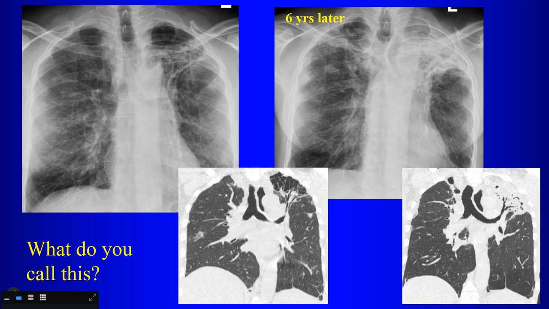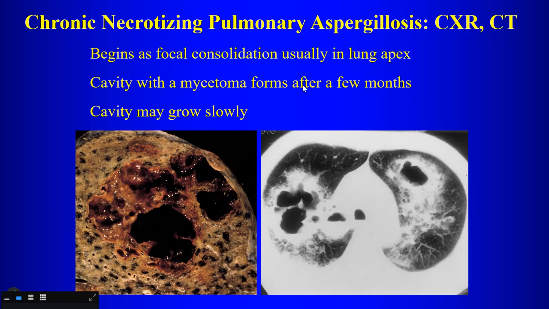Time course is protracted. It's a chronic infection, upper lobe disease. What do we call this? Well, chronic necrotizing pulmonary aspergillosis, right? It was also called semi-invasive aspergillosis, or subacute invasive. There are different names for this, but I think what it's called now is chronic necrotizing pulmonary aspergillosis.